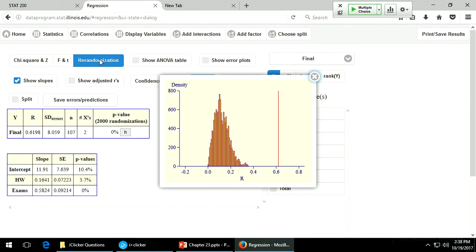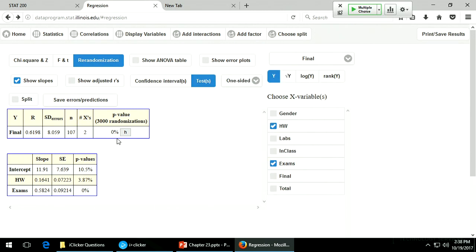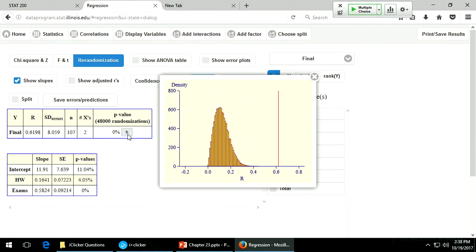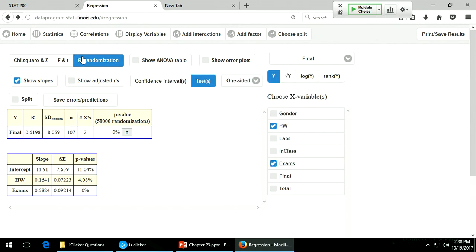Let's try some more. See if we get, watch this, see if it changes. I don't think we're going to get one that will show up because we're so far beyond. Look at this. We're not even close. Yeah, it's not going to show up.